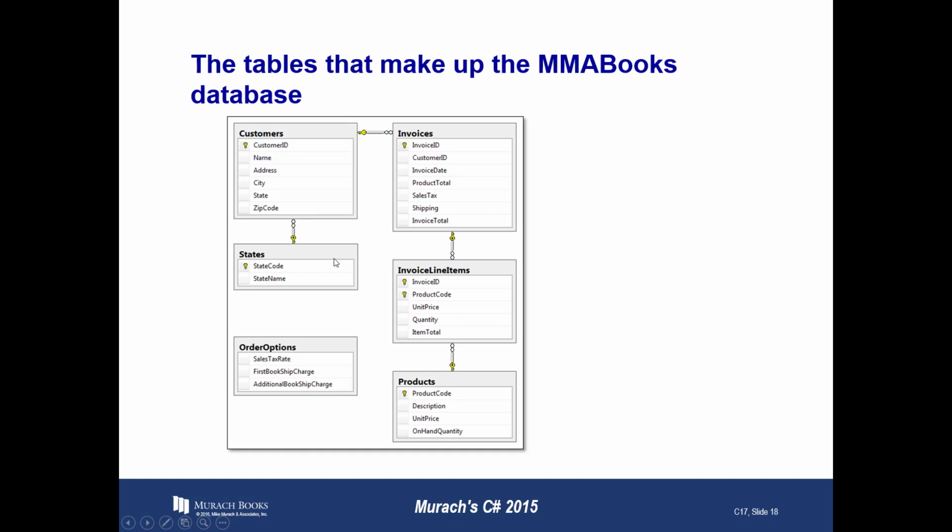So they're going to be working in this book with a database that, as you can see, has 6 tables in it. Now, you may or may not have noticed, but one table, that table being order options, is an island in and of itself. In other words, to my knowledge, sales tax rate does not appear in any of these tables.